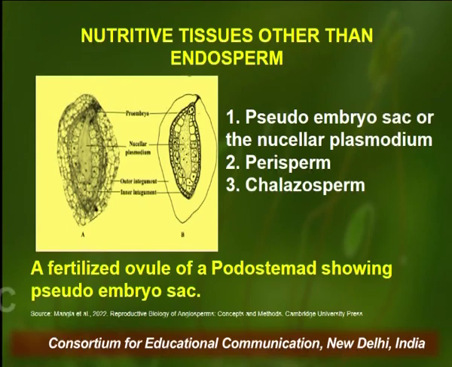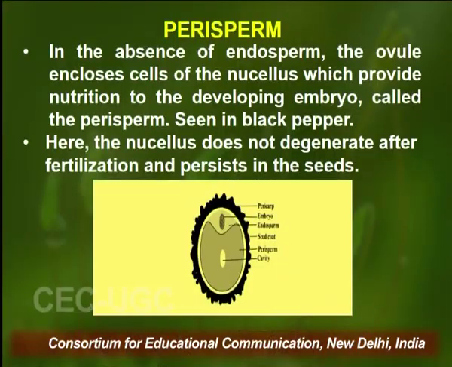In this figure, we see a fertilized ovule of a podostemad showing a pseudo-embryo sac. Now, the pseudo-embryo sac is the one which is providing nourishment to the growing embryo. Pseudo-embryo sac is also called the nucellar plasmodium. Then there is perisperm.